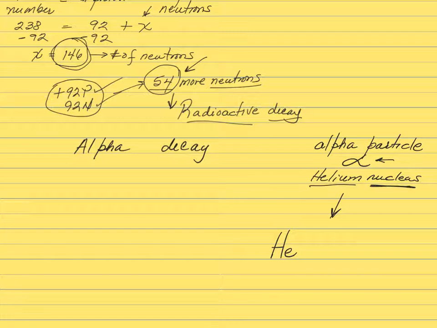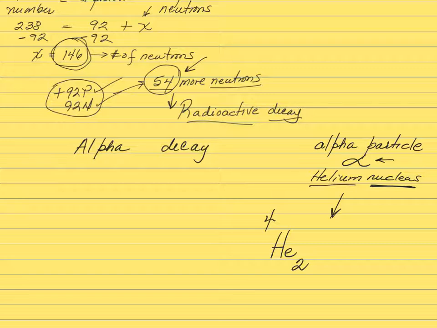Helium nucleus means that inside that nucleus I'm going to have 2 protons and 2 neutrons. When I add the 2 protons and the 2 neutrons, I have 4 over here.